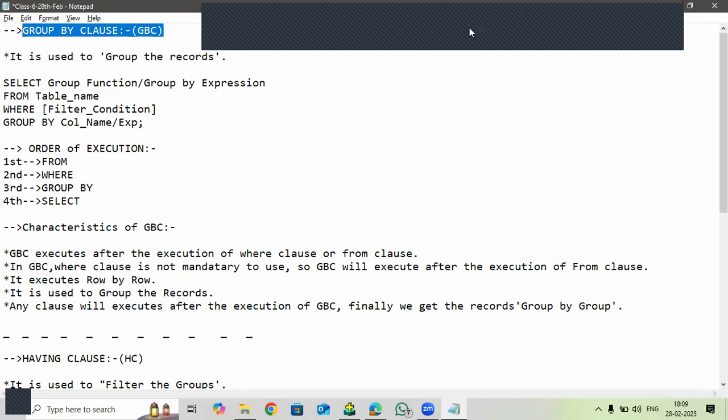Write a query to display the number of employees who are working in each department number.